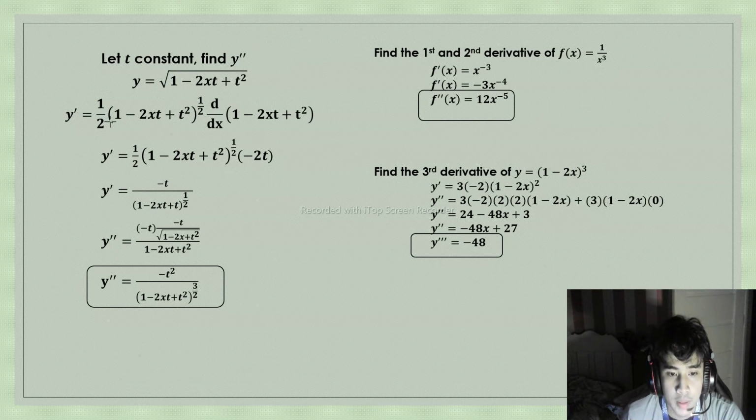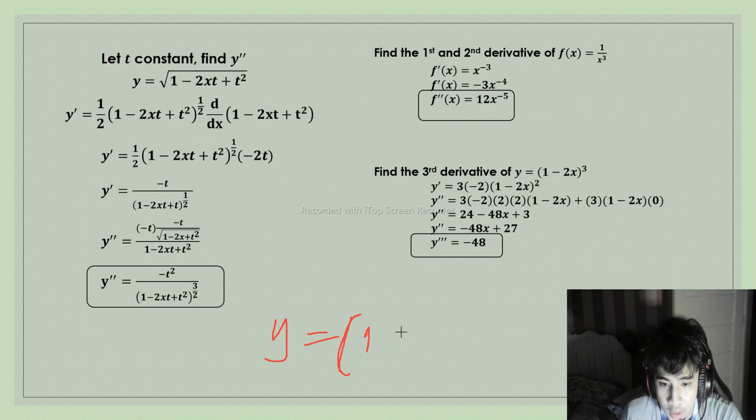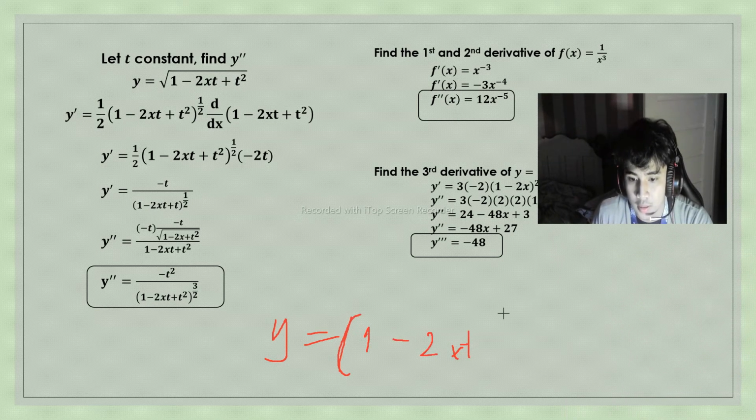So, gamitin ulit natin yung chain rule. Itaas muna natin itong function na to. Pwede natin siyang gawing y is equal to quantity 1 minus 2xt plus t squared raised to 1 half.